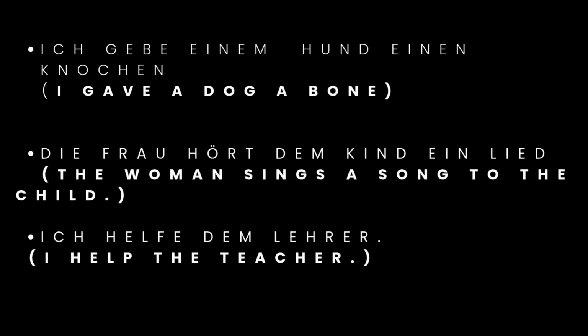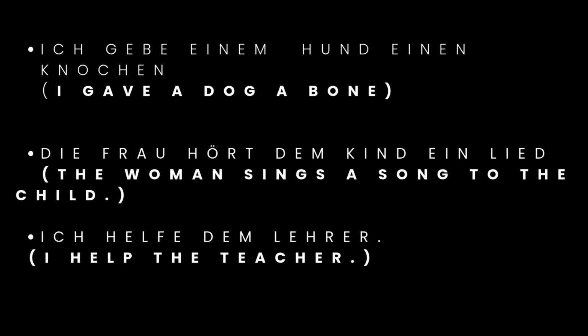For example, in the accusative case, plural: Ich sehe Kinder auf der Straße. An example for the dative case unbestimmter article is Ich gebe einem Hund einen Knochen.